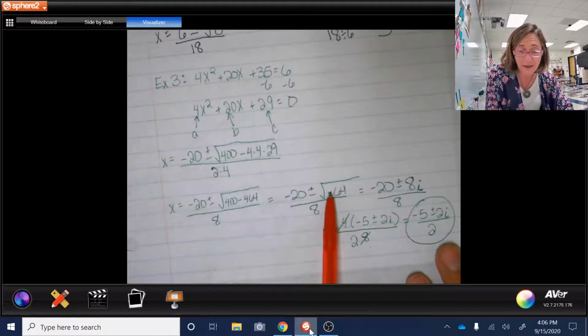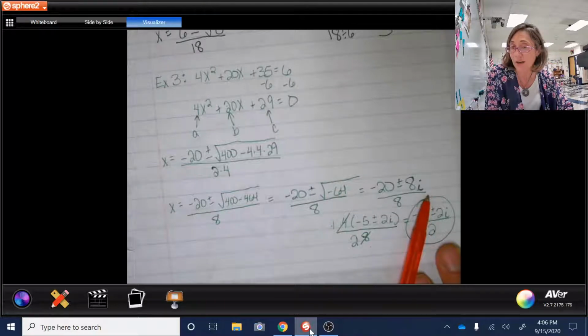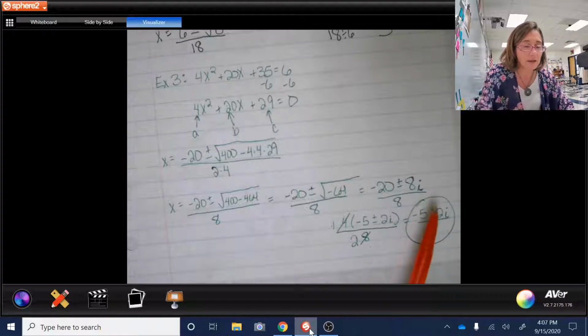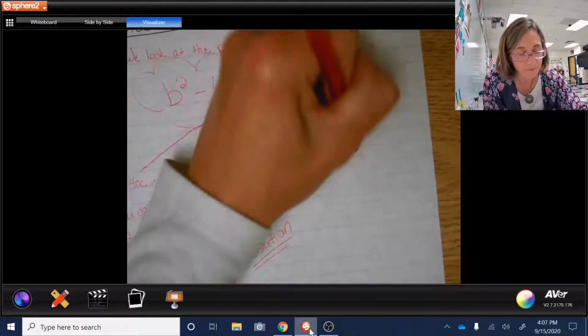So if I have to try to square root a negative, that negative 64 is my discriminant here. If the discriminant is negative, you're going to have an imaginary number, which means there aren't any real solutions. There's only complex solutions. So let's put that on here.